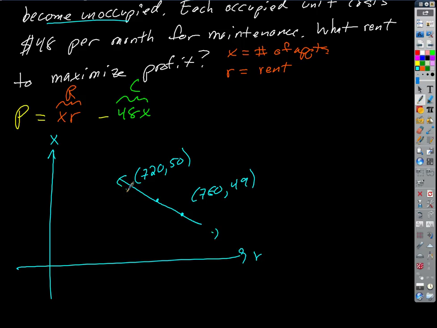Well, if it's a line, that's a pretty easy thing to relate, isn't it? We're just gonna come up with a linear equation that relates X and R. So all we gotta do is take these two data points and do a little algebra 1 on it. We just figured out our slope is negative 1/40th. So all we gotta do is find b.